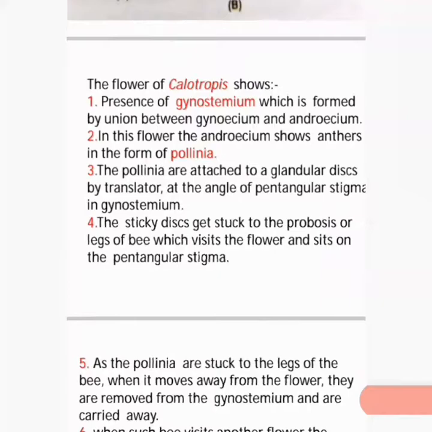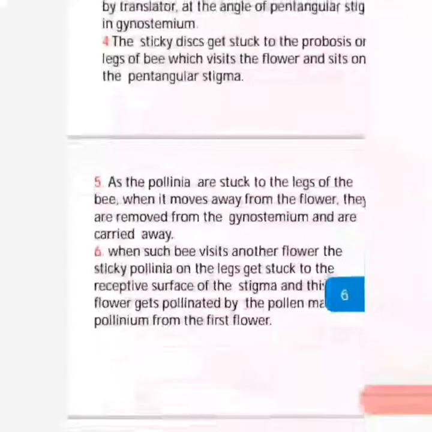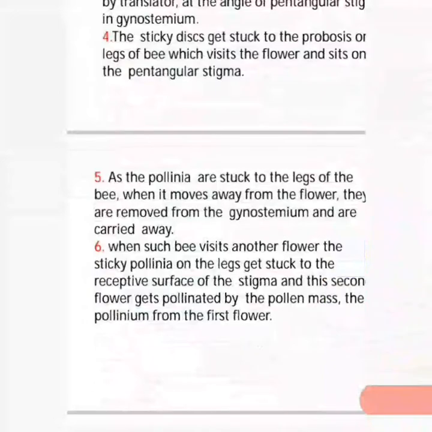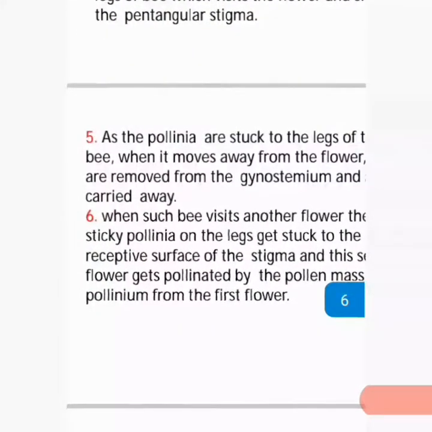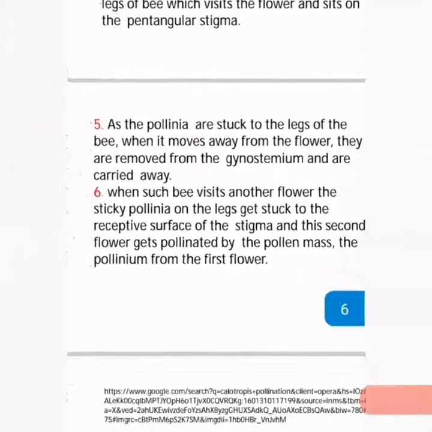The sticky disc gets stuck to the proboscis or the legs of the bee, which visits the flower and sits on the pentangular stigma. As the pollinia stick to the legs of the bee, when it moves away from the flower, they are removed from the gynostemium and are carried away.